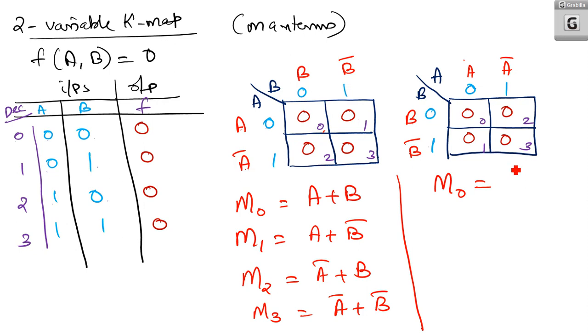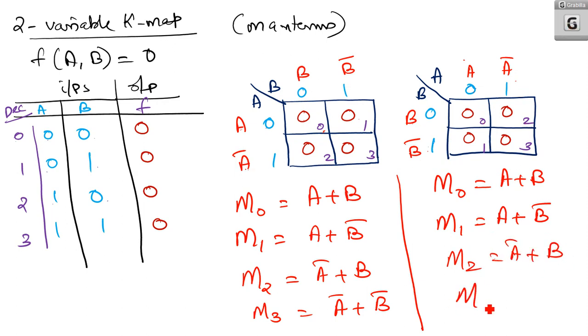You can write it as A or B, or as B or A. Now, capital M1: you should take from here, that is A or B bar, or you can write it as B bar or A. Now what is M2? Capital M2 is A bar or B. Now coming to capital M3: capital M3 is A bar or B bar.